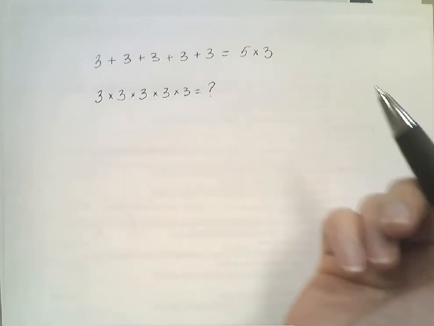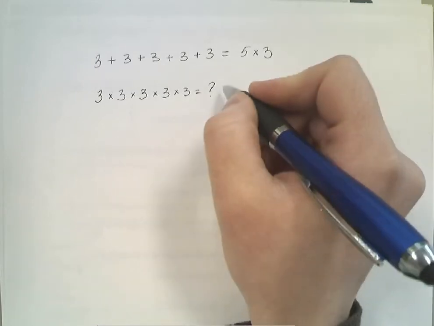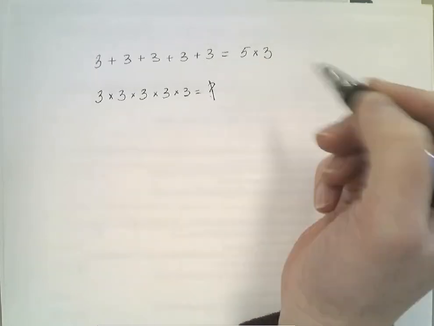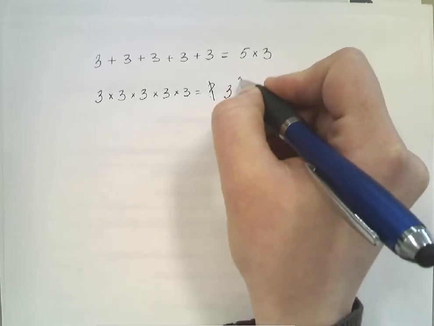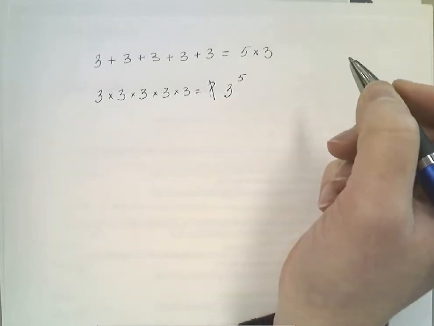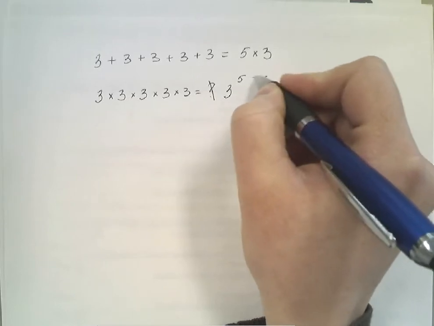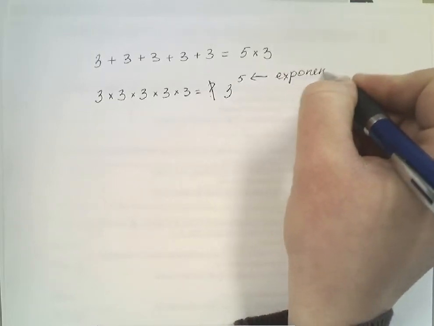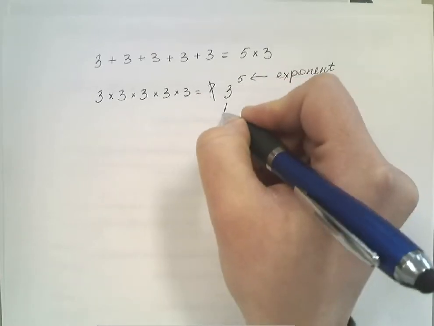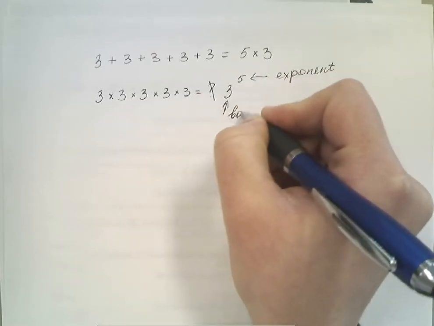It's called exponential notation. So instead of the question mark, we can write it as 3 to the fifth power. Okay? 5 is called an exponent, and 3 is called the base number.